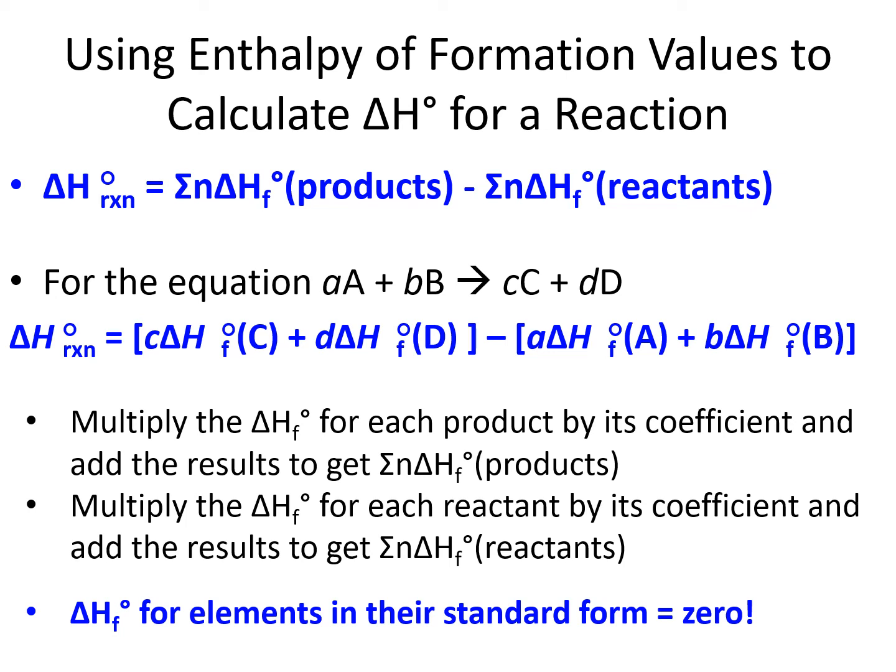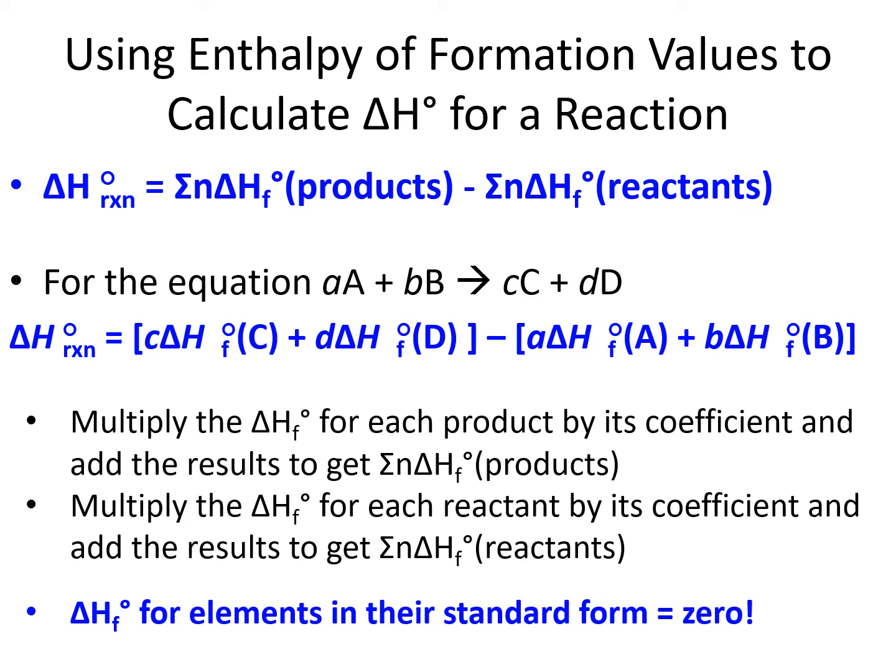So what we would need is a table of the delta HF values that have been tabulated for many different substances. And if we can look up all of those reactants and products in a table, we can use this equation. So our equation we have in sort of a general form and then a slightly more specific form.